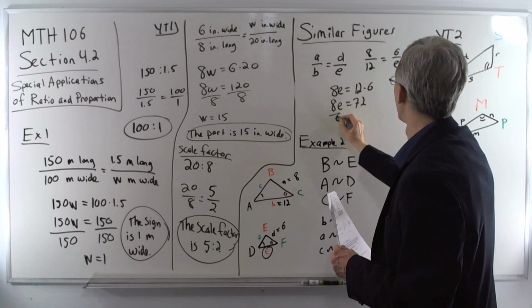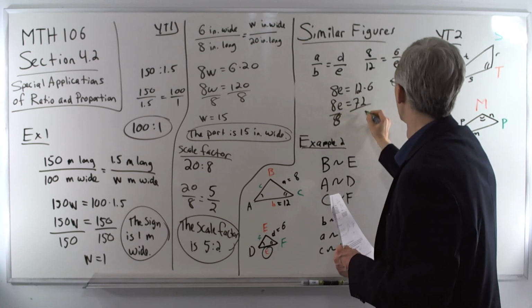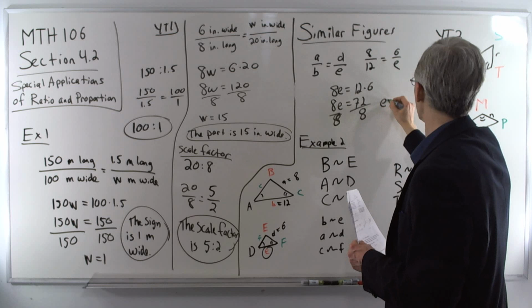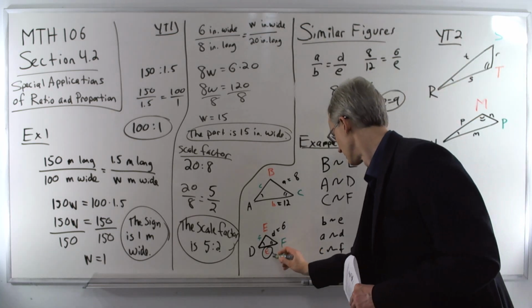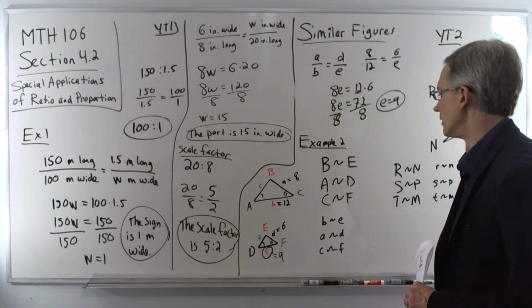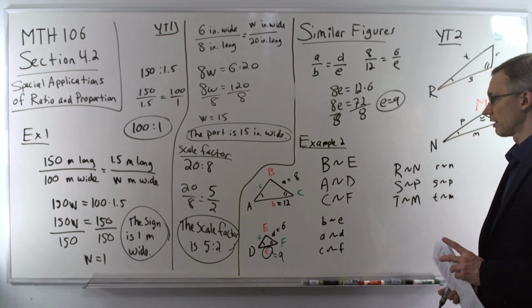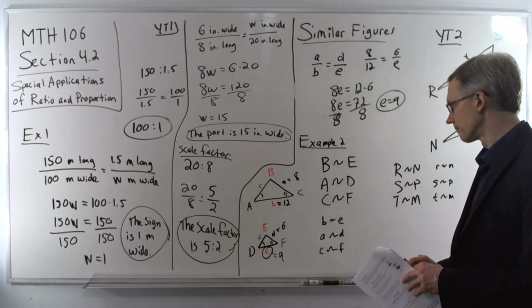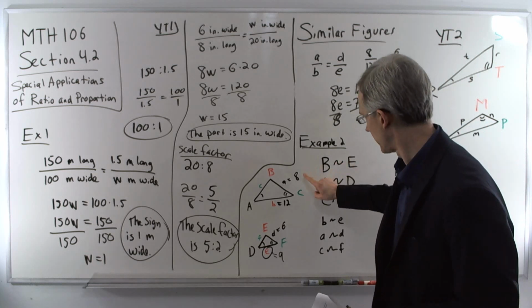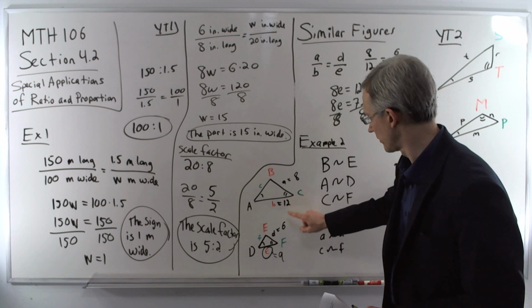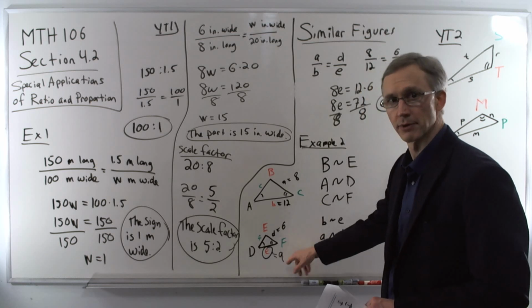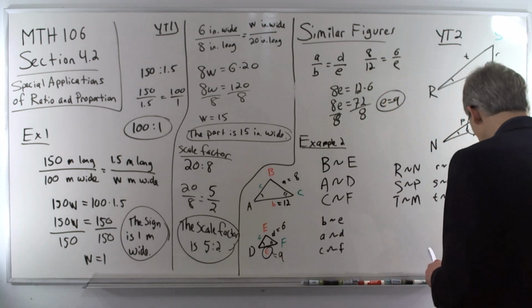That's 72, divide by 8, and we get E equals 9. Now if we want to check, what we can do is divide 8 by 6, get a decimal, and then divide 12 by 9, get a decimal, those decimals should match. And in this case, they do.